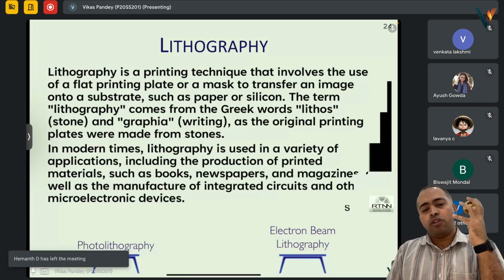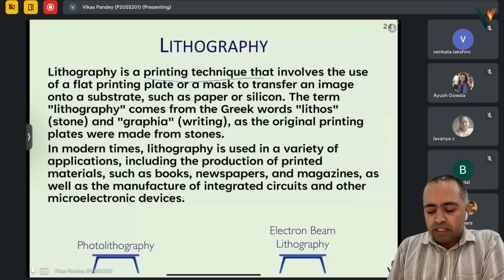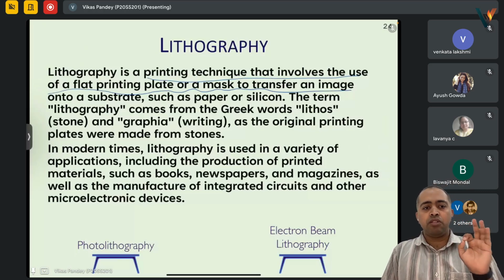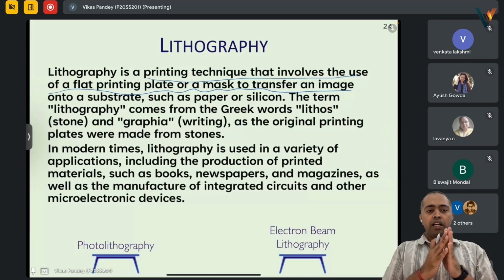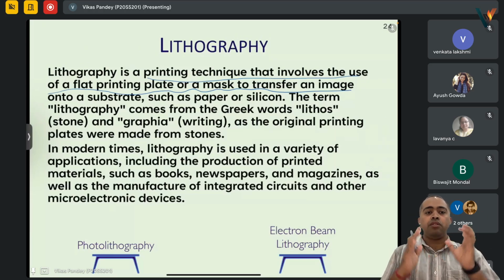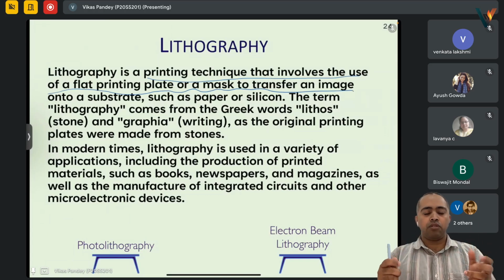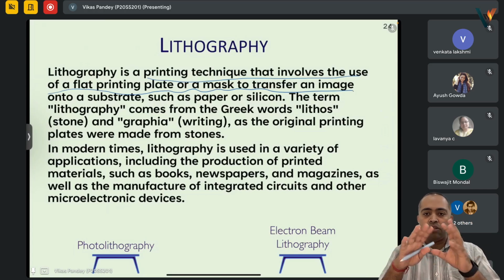If we define what lithography is, it is a printing technique that involves the use of a flat printing plate or mask to transfer an image onto a substrate. First we have to have an image of the pattern, what pattern we want to make, and we can have that on a mask or a glass surface like borosilicate or washed glass on which it is already made.